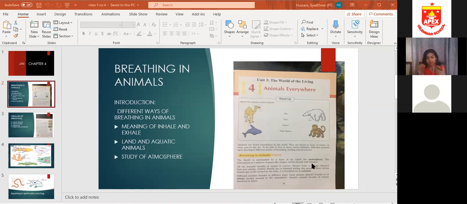Oxygen helps to change digested food into energy. Because of oxygen, our digested food is broken down and we get energy.